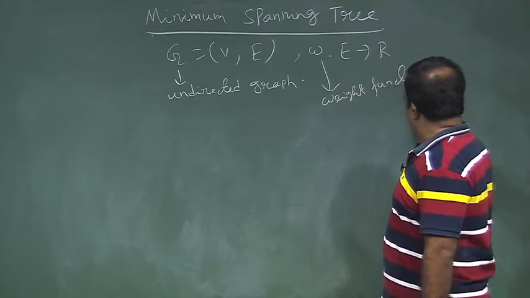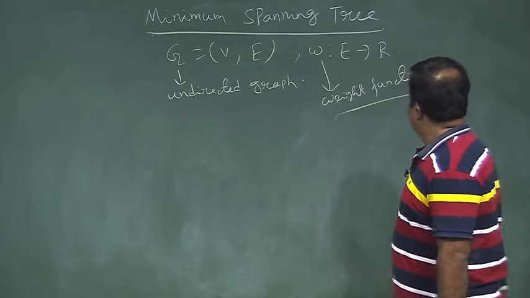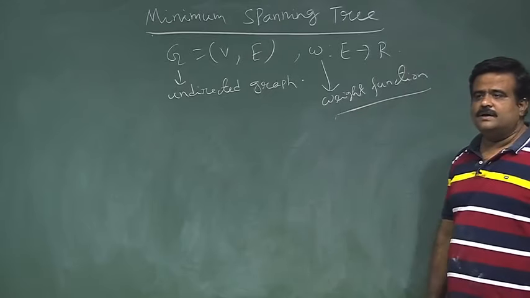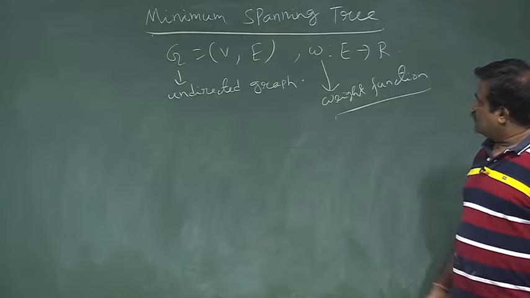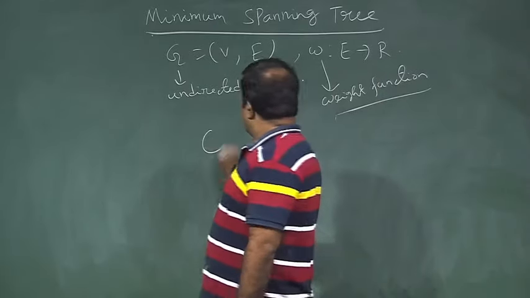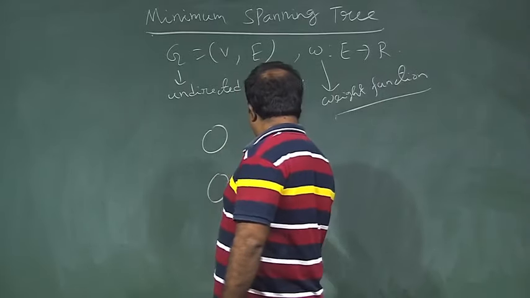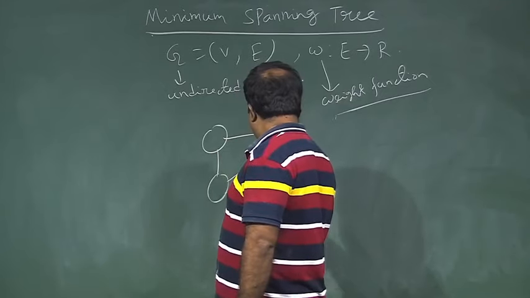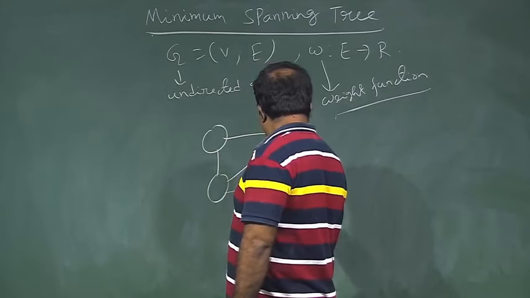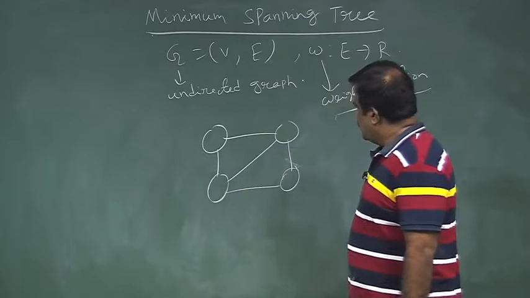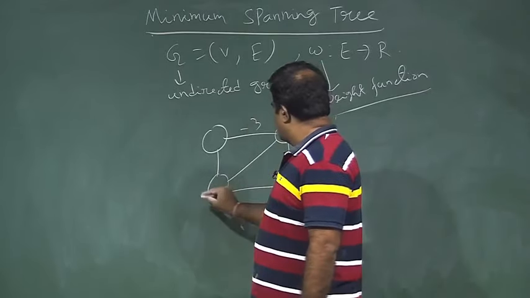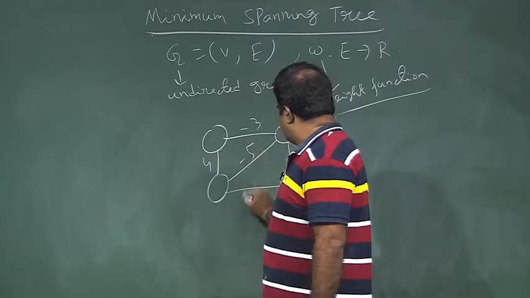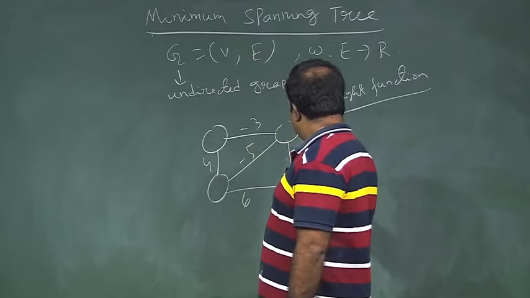So, we have an edge weight. Now for example, suppose you have a graph like this, and we have some weights over here: -3, 4, -5, 6, -2 say.